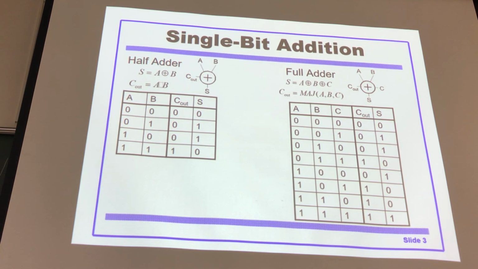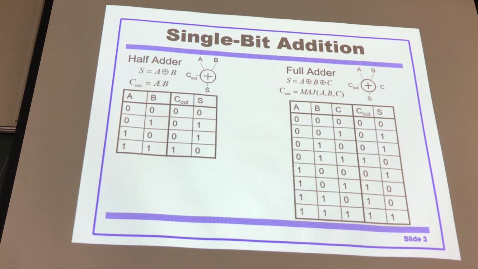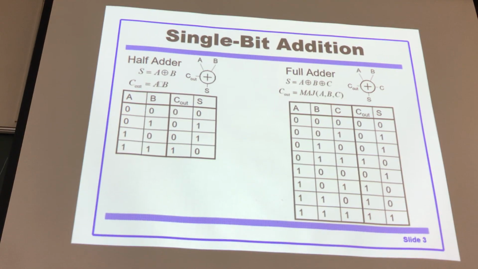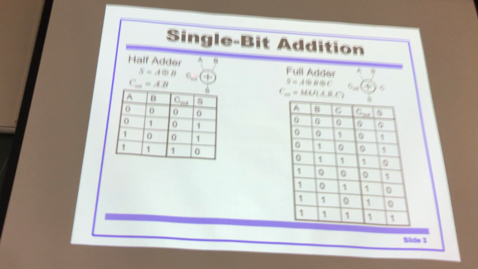Now, in your homework, you're required to design a simple adder. We have seen this before. For 1-bit adder, if it's only 2 bits A and B, it's easy because in 2-bit addition, you're generating 2 outputs: sum and carry out.